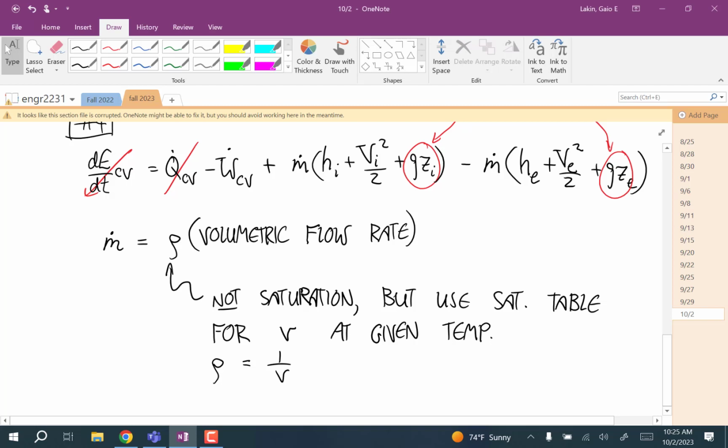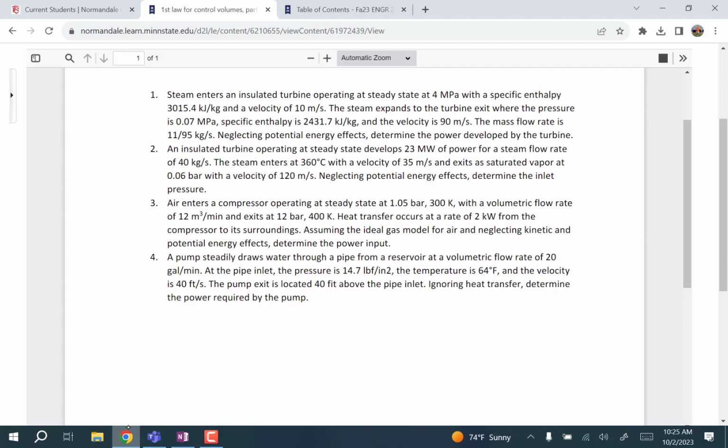And so the last thing we need is the enthalpy. So at the inlet, we're given a pressure and a temperature.